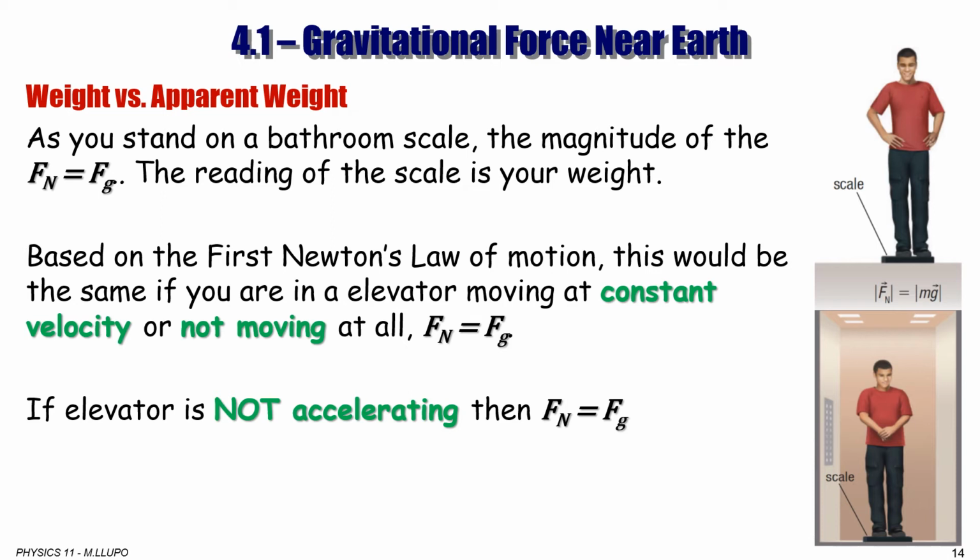Because you are not moving, that means F net is 0. Based on the first Newton's law, this would be the same if you are moving at a constant velocity, or, as I said before, not moving at all. So F net is 0, and those two forces, normal force and force of gravity, have to cancel each other, so they must have the same magnitude.